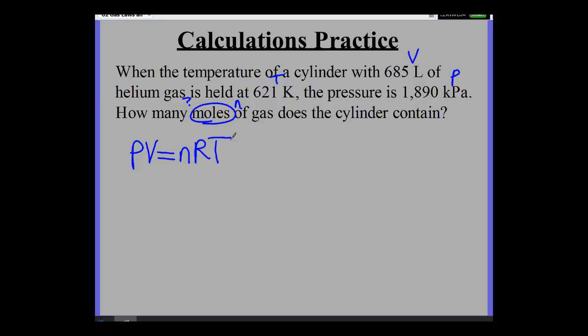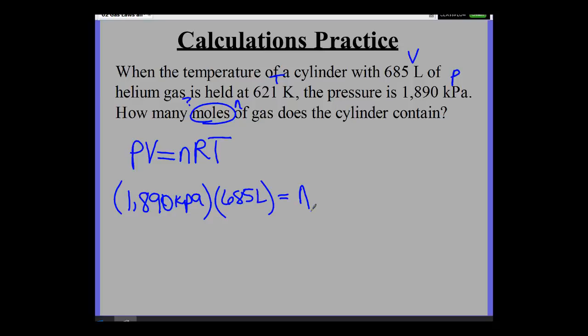So P is pressure. Pressure is 1,890 kPa. Times V, volume is 685 liters, equals N. Do we know N? No, so we leave it as an N. R. You will never be given R in the problem. For R, there are always 3 choices. And if you look at the 3 choices, the number is different each time, but they all have liters, they all have moles, and they all have Kelvin.